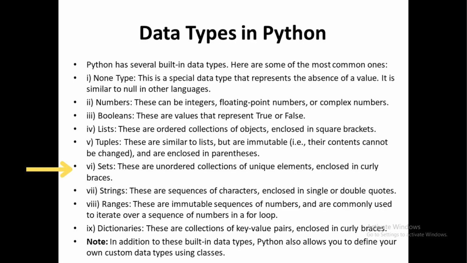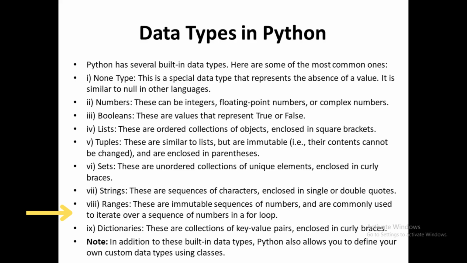And after that, sets. Sets are unordered collections of unique elements, enclosed inside curly braces. Next one is strings. A string is nothing but a sequence of characters, enclosed inside either single quotes or double quotes.